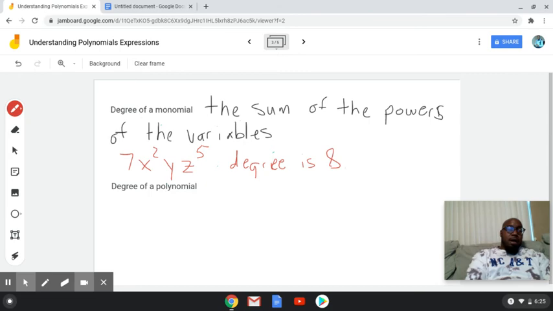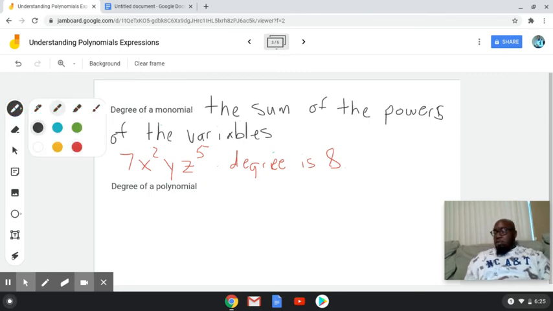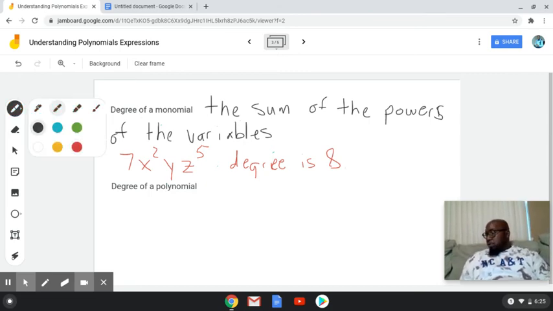Now, the degree of a polynomial. The degree of a polynomial is the degree of the monomial term that has the highest degree. Let me write that for you.